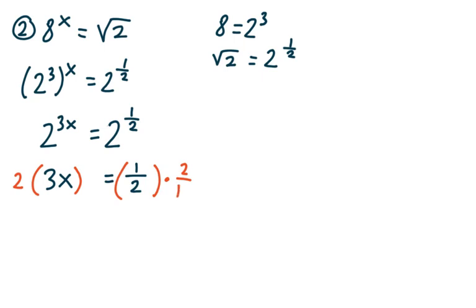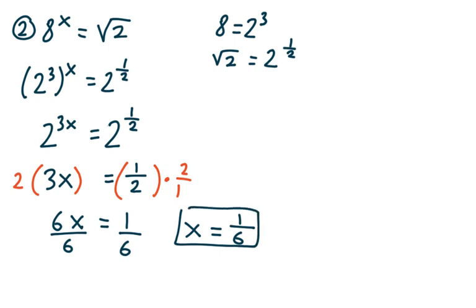Now, 2 times 3x is 6x. Half of 2 is 1, so 6x equals 1. And let's divide both sides by 6. And when we're all said and done, we get x equals 1/6. That's number 2.